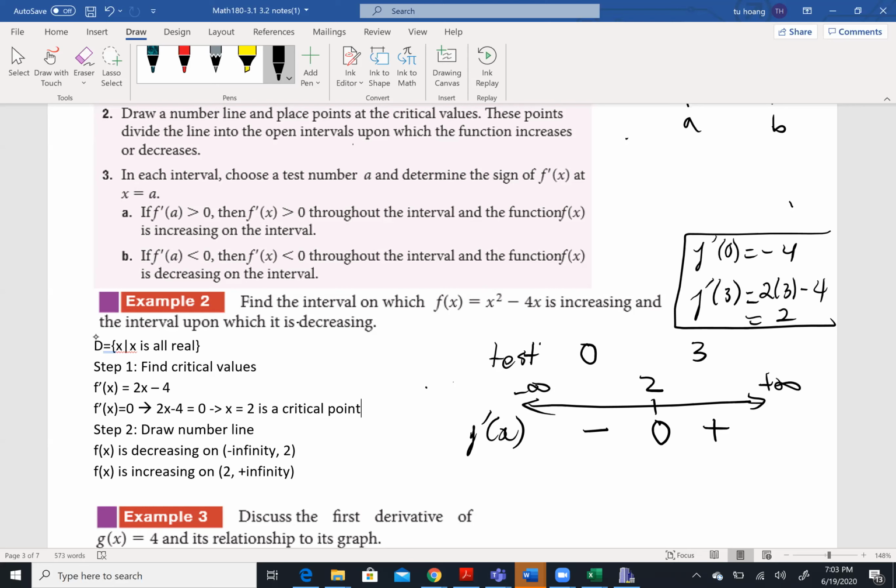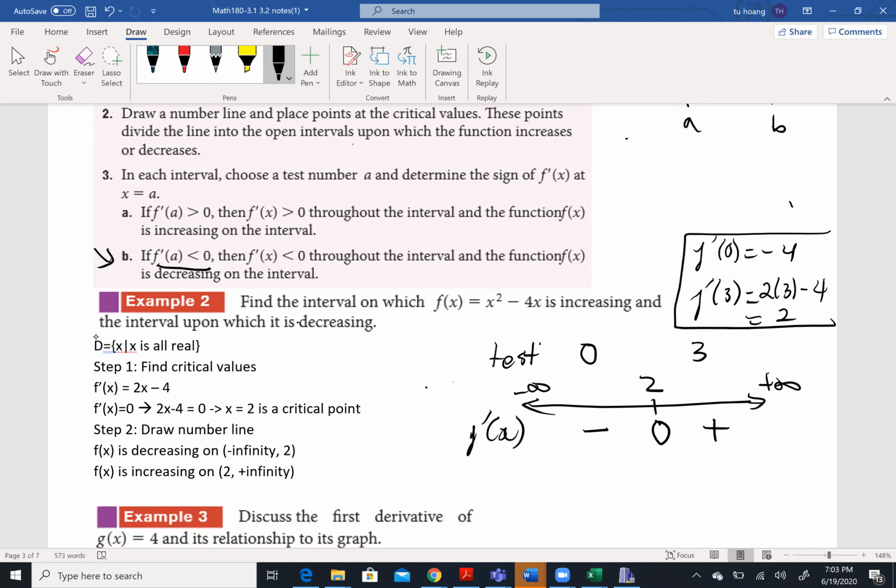So I know that from negative infinity to 2, f prime of x will be negative. That gives me the second case here.